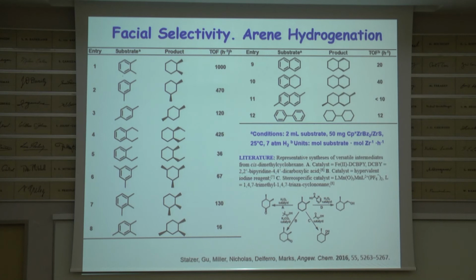How general is it? It's really quite general. Then you say, okay, that's academically interesting, but in the last decade there is so much beautiful work selectively activating saturated hydrocarbons. Melanie Sanford and many other groups in the US and Europe, and this is just something we pulled from the literature. You can start with this cyclohexane here, stereopure, and you can do all of these catalytic transformations.